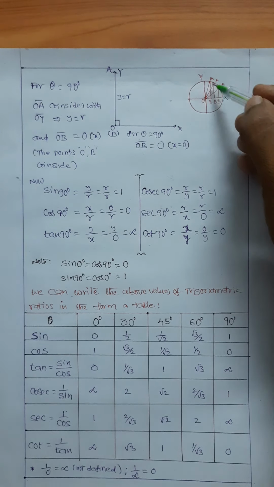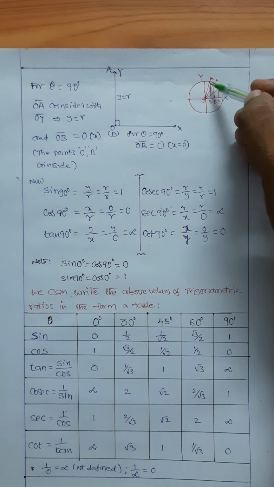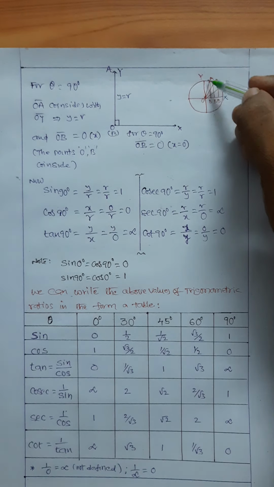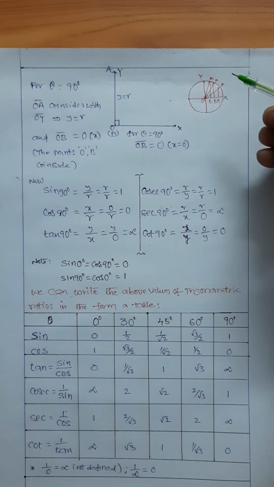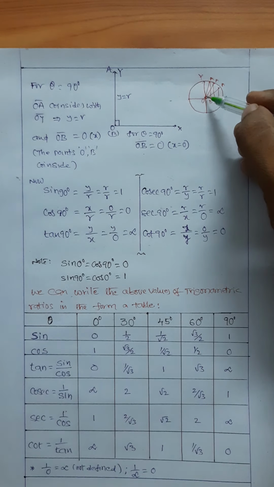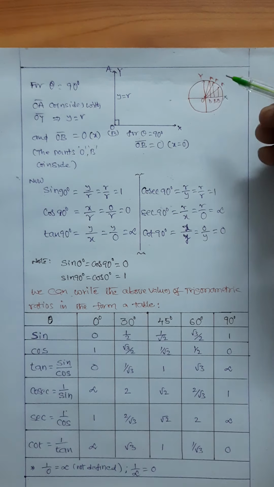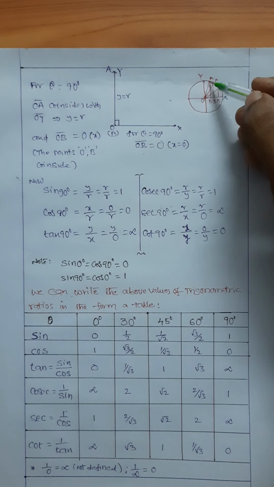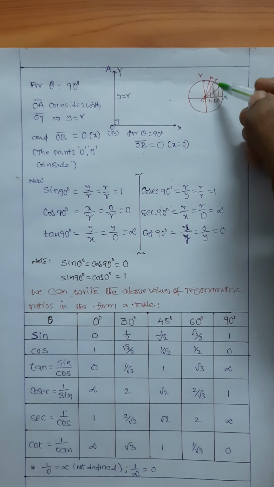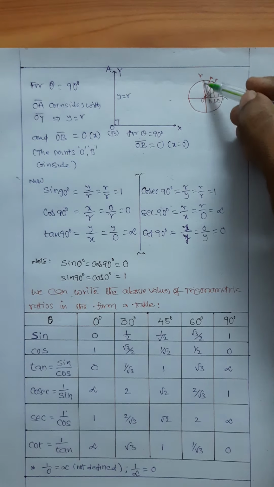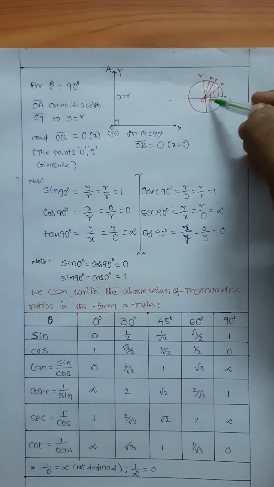OA moves like this, and finally OA coincides with the y-axis. That becomes the value of r is equal to y, or y is equal to r. And what happens about this AB? This AB falls on OY, and OB becomes nullified, and OB is equal to 0.